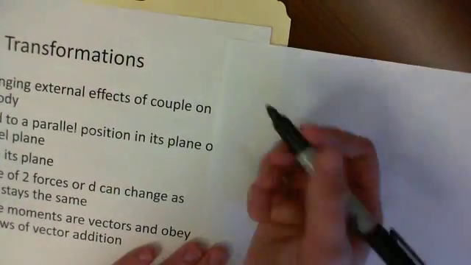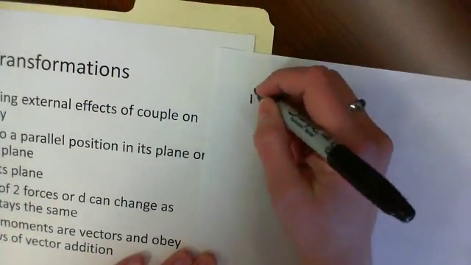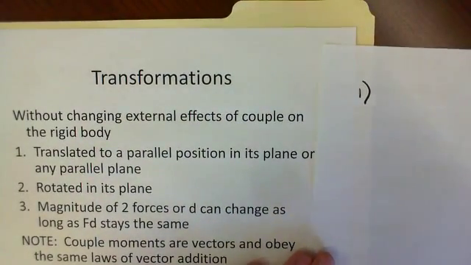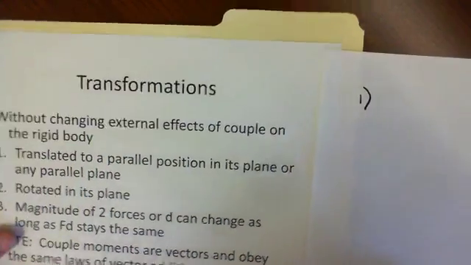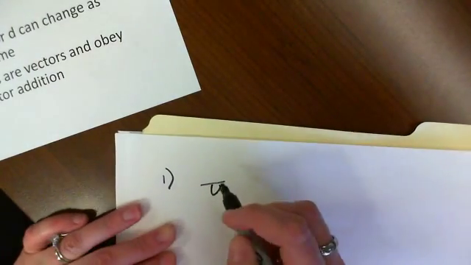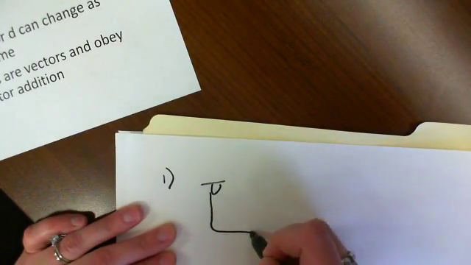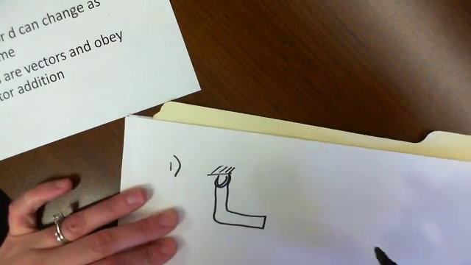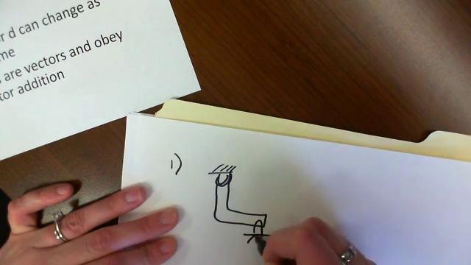So first of all, if we talk about translating to a parallel position in its plane or any parallel plane, what does that look like? If you have a member, looks like this. This is a wall, it's attached to a wall. It's attached here too.